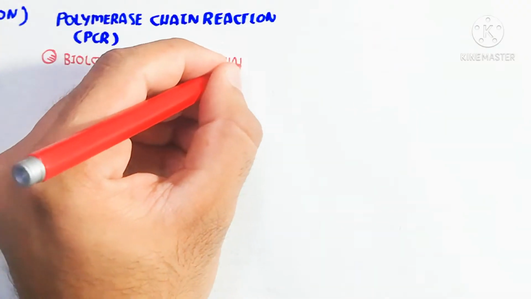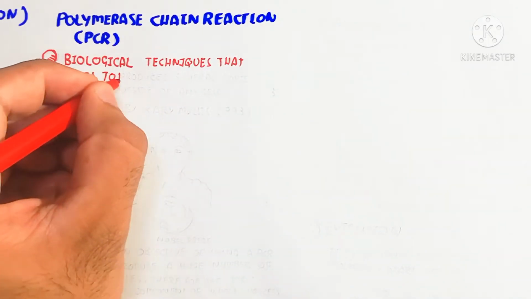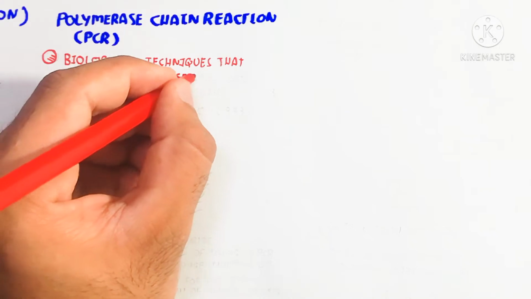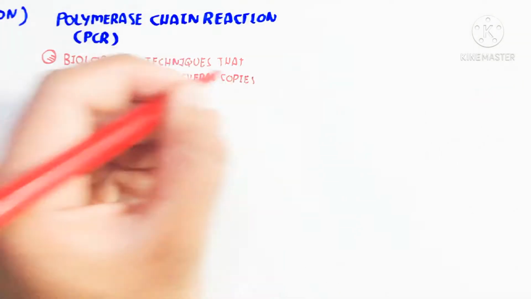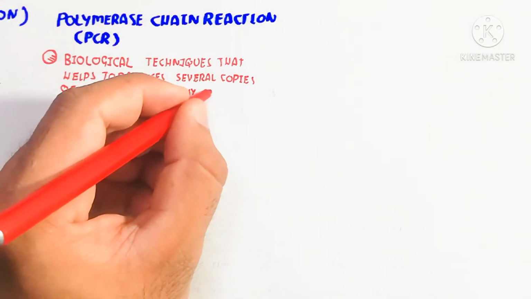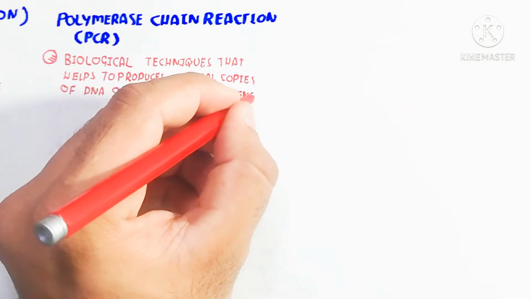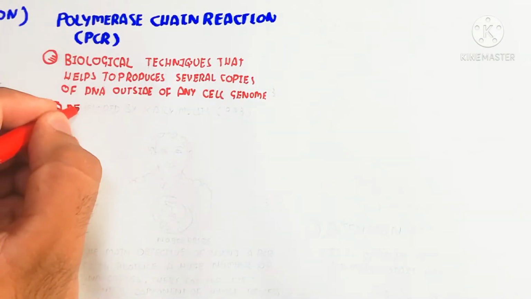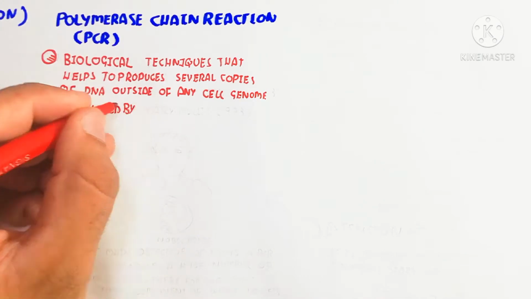Here is the biological technique that helps to produce several copies of DNA outside of any cell genome. It means copies of the DNA segment will be produced without any natural environment.